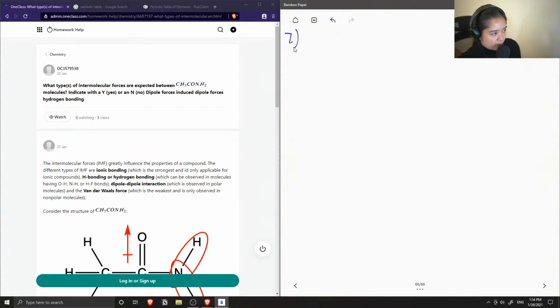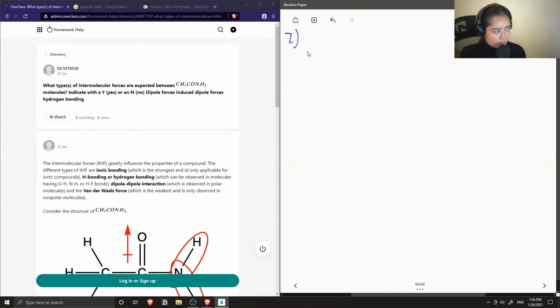Okay, so let's try to draw out this molecule. We have CH3, CO, and then NH2. So our Lewis structure might look like the following.